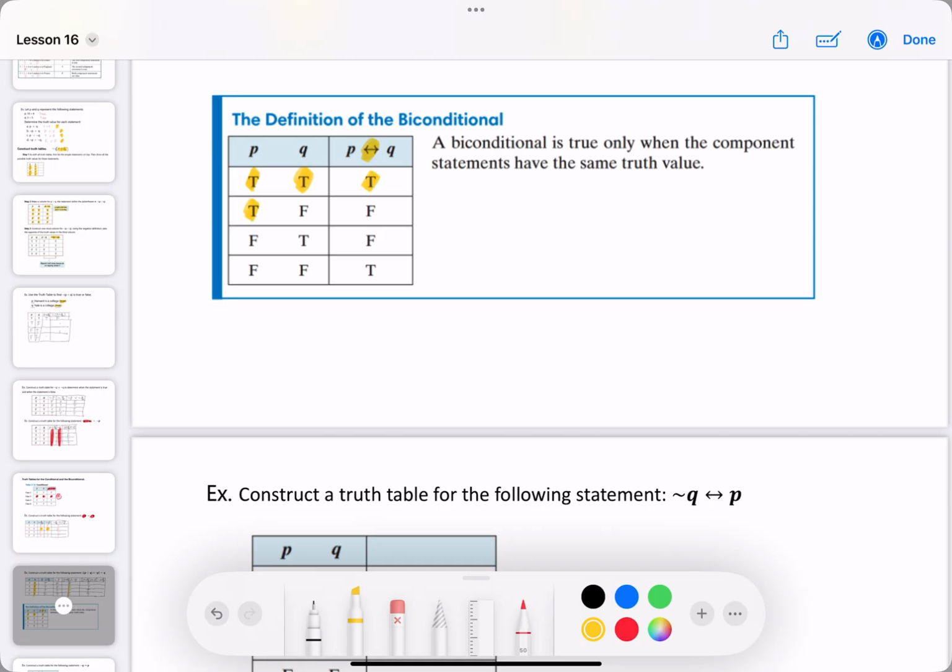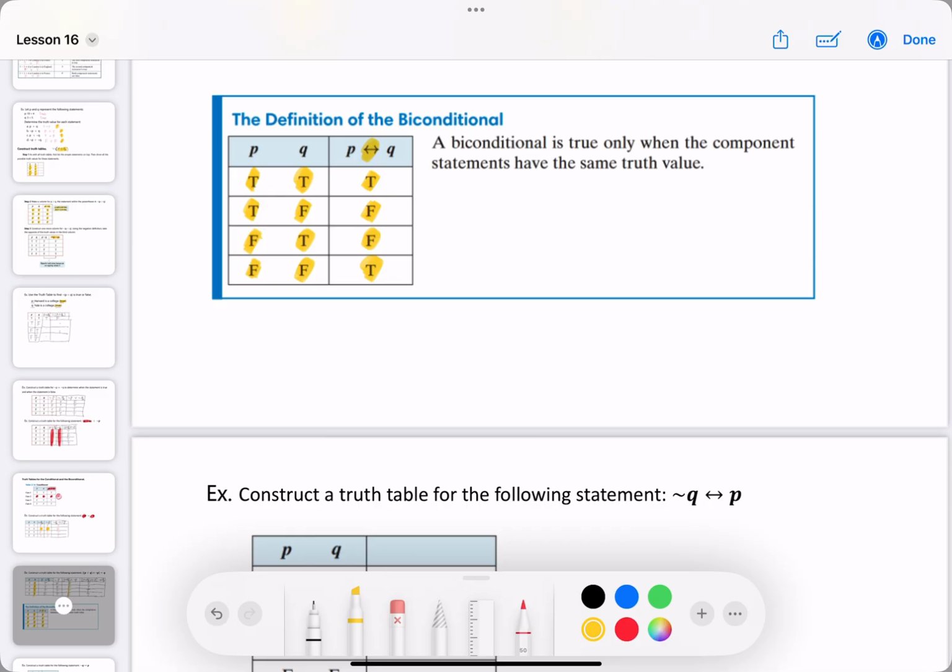P is true, Q is false. The biconditional statement is false. The P is false, Q is true. The biconditional statement is false. The P is false, Q is false. The biconditional statement is true.